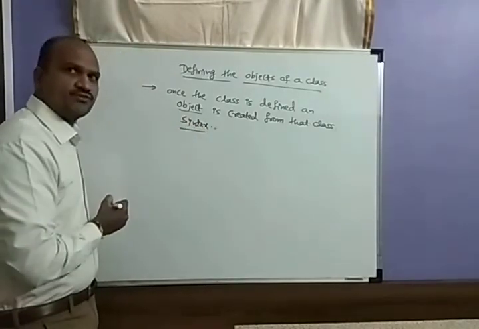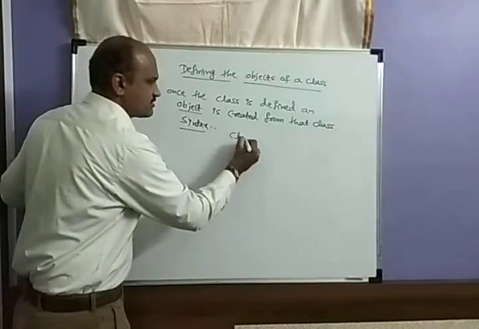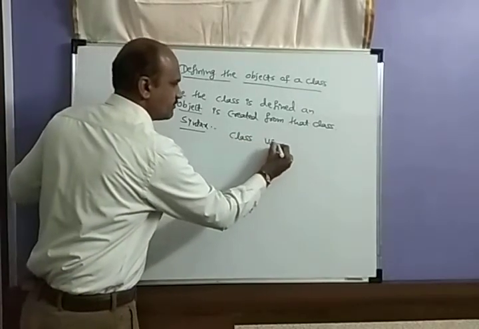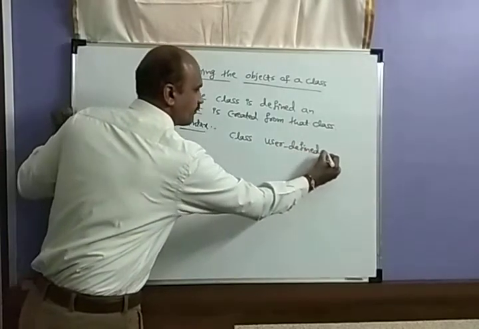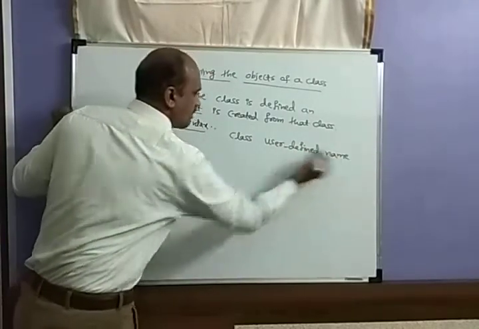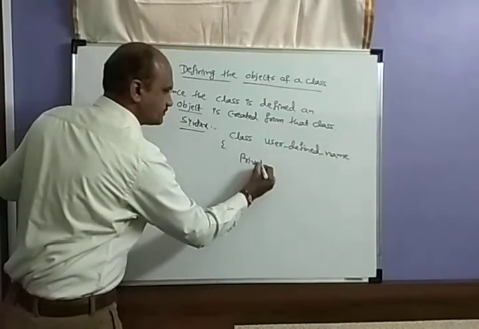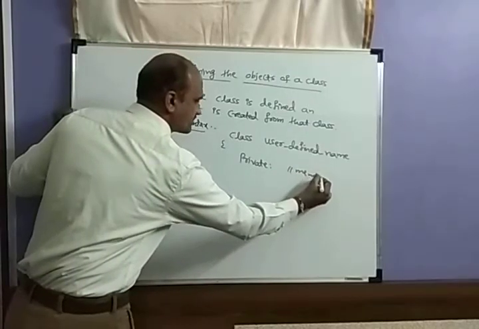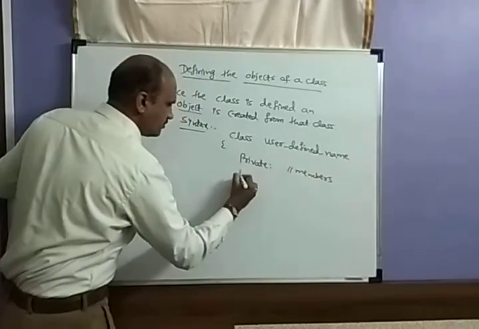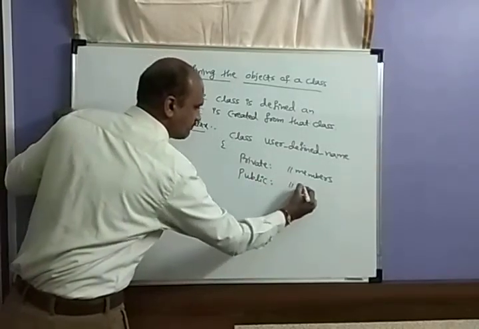Now the syntax of the object of the class is: you define class, user defined name, then you have an open brace, then you have the private section. Here you specify some members in the private section. Then we have public, where we specify some functions.